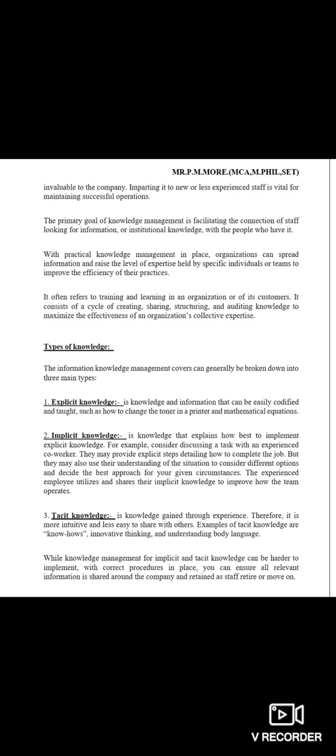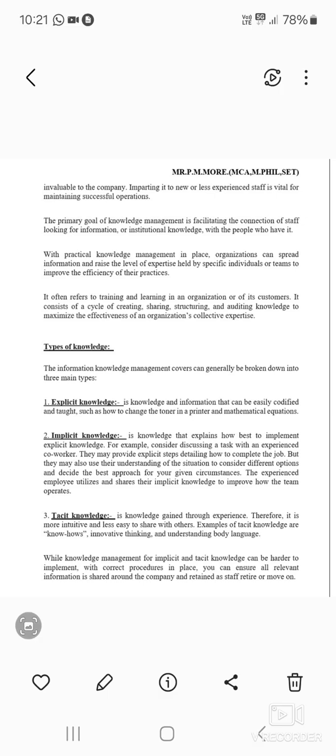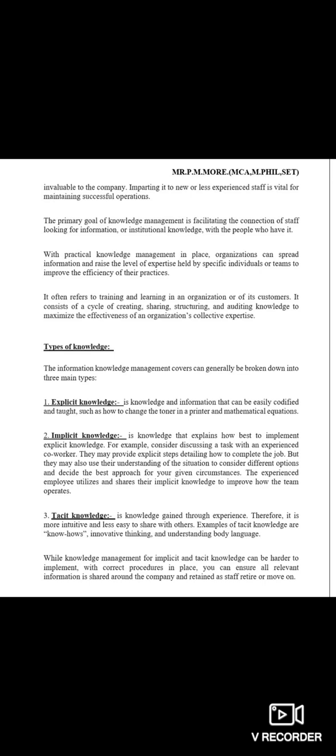It often refers to training and learning in an organization or of its customers. It consists of a cycle of creating, sharing, structuring, and auditing knowledge to maximize the effectiveness of an organization's collective expertise. Next question is types of knowledge.